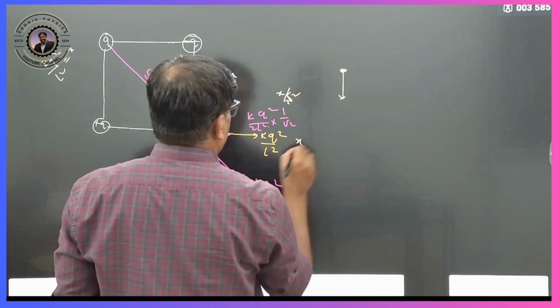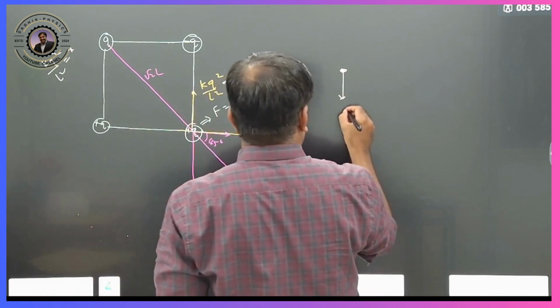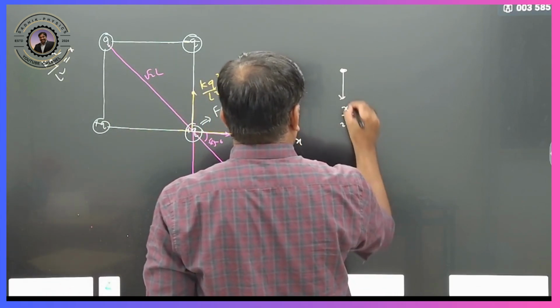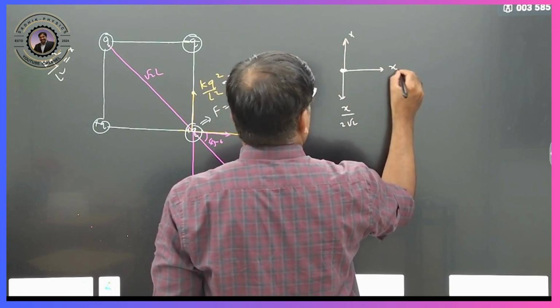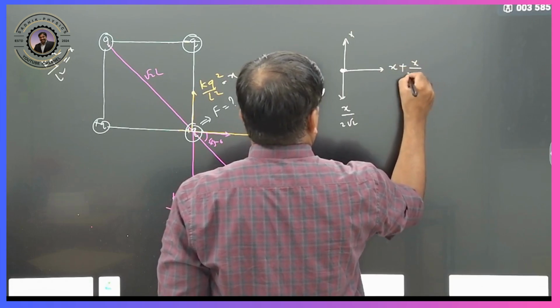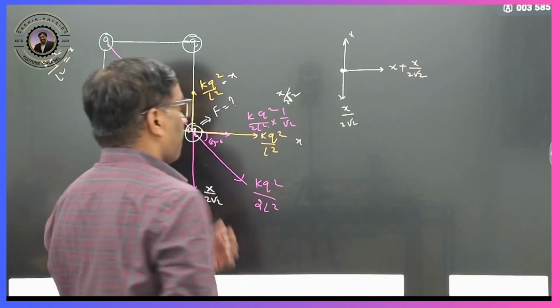This is your x, right? Therefore x by 2 root 2. Therefore this side it will be x. So this side it is nothing but x plus x by 2 root 2. Clear?